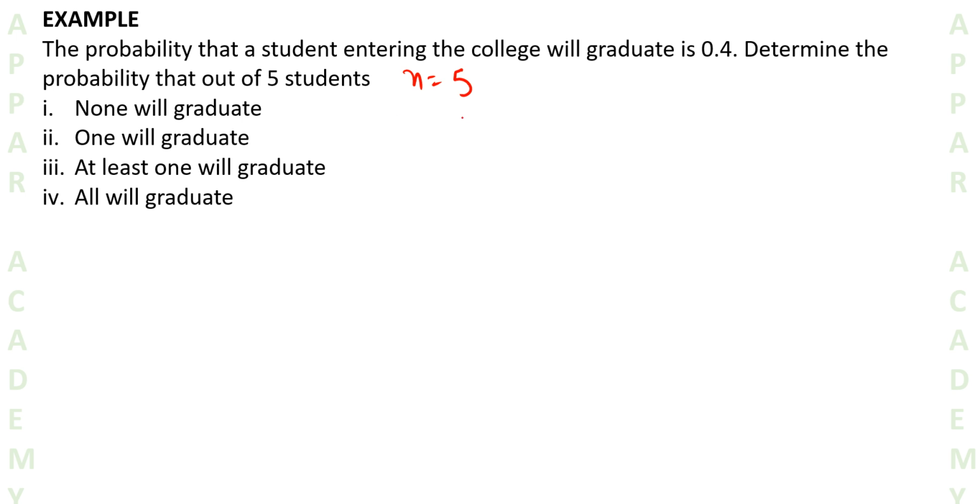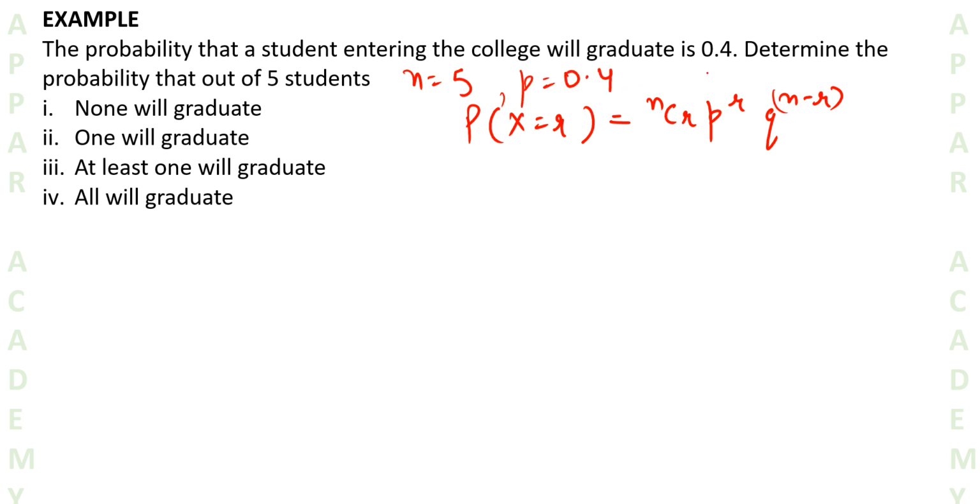First of all, what is the probability of x is equal to r? Over here, first of all, this is equal to nCr p to the power r into q to the power n minus r, because we can clearly make this out. It's a binomial distribution, right? So now we need to find out few parameters. n we know is 5. p is also 0.4 because that is the success.